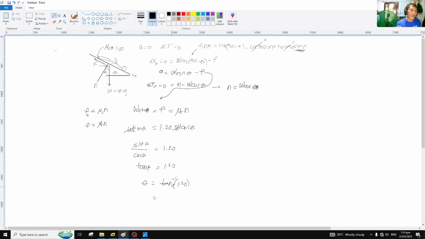What matters with respect to the theta is the frictional coefficient, that 1.20 over here, which is being measured. So that's how you should think of this problem, in terms of an application, so that you can really learn. Arctan of 1.20 will give us that maximum angle to be 50.2 degrees.